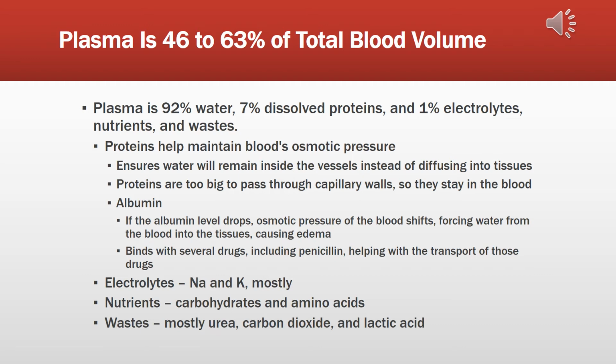But anyway, it's in human blood also, and if the albumin level drops, the osmotic pressure of the blood shifts, and this will force water from the blood vessels into the tissues, which causes edema, which is again pulling of fluids into an area that they shouldn't be pulled into.